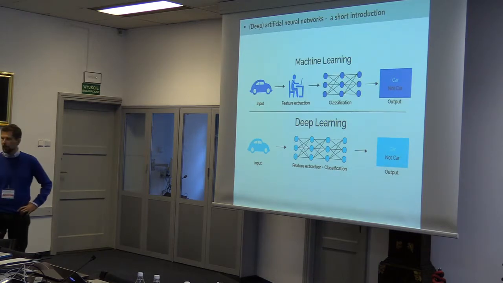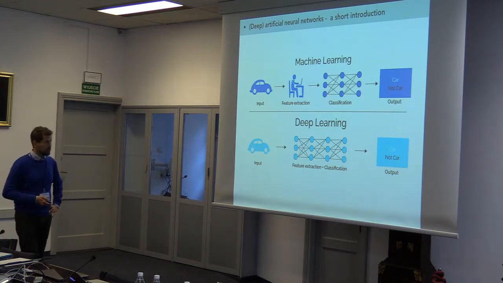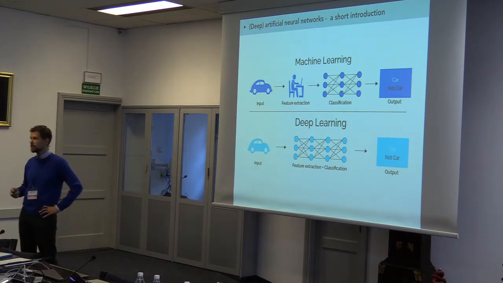What deep learning allows is to skip this first part, and because there are so many layers, so much can happen with the input data, you can perform this task by just, for example, inputting the picture itself.